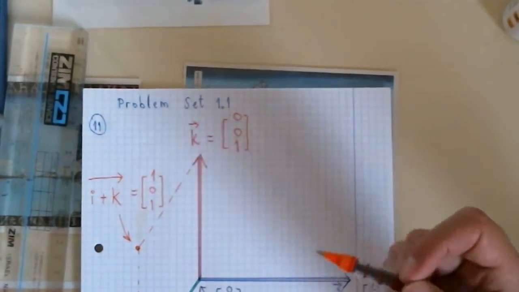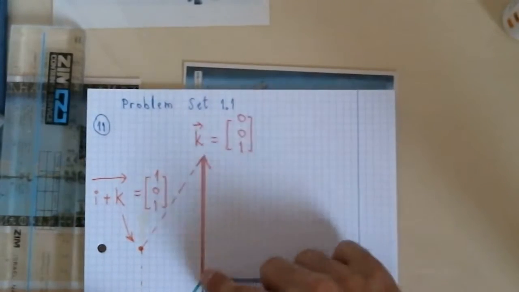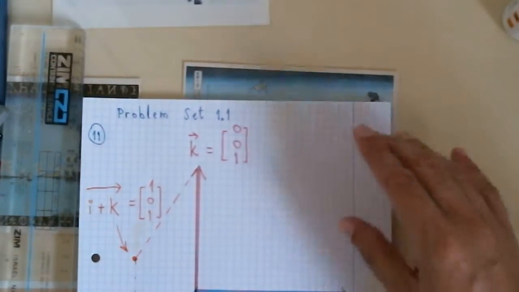Let's do the third corner. It would be the blue plus the red, so let's make it in purple.